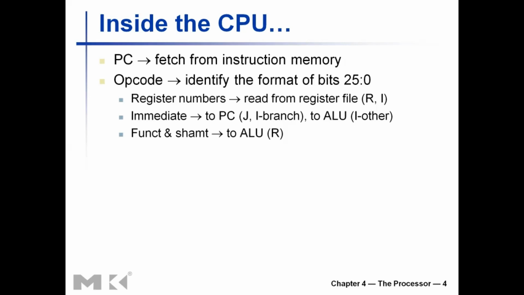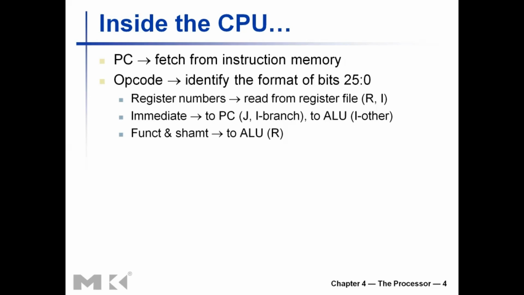Then if there is an immediate value given in the instruction, like an I-type instruction where there is a branch, or an I-type instruction where you're loading a word or storing a word, there's an immediate value given. Even I-type arithmetic instructions will have immediate values given in the instruction itself.